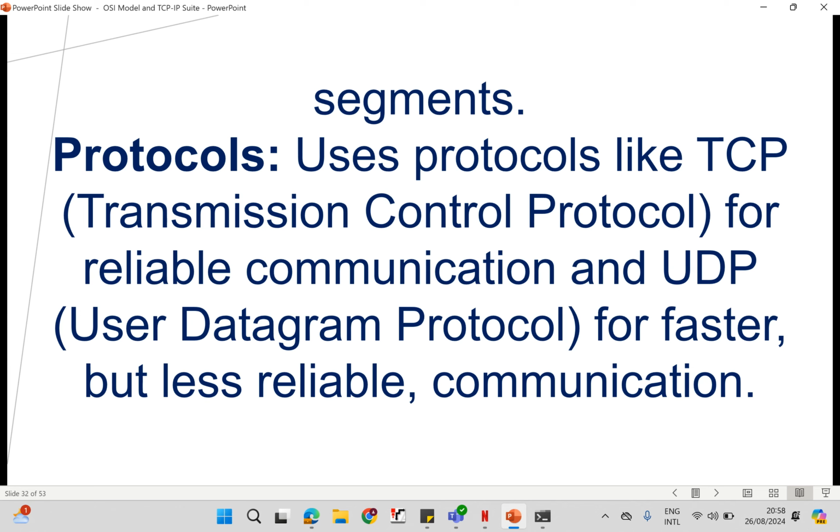Now, don't assume that because TCP is reliable, UDP is not reliable. No, both work fine depending on the kind of traffic or the kind of technology that you want to use it for.